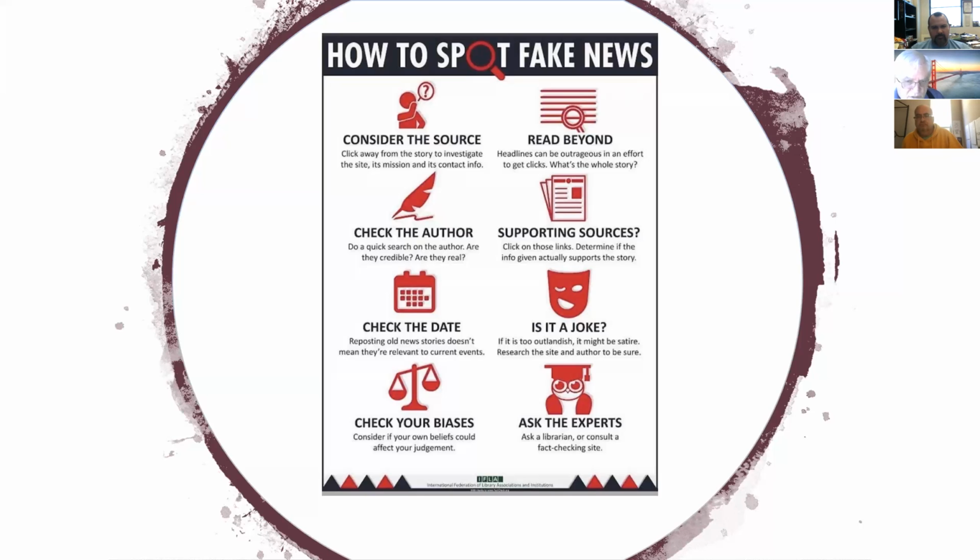They'll put out stuff as a joke, and then there's another guy on the internet that puts out a lot of joke. And then ask the experts. So you might ask your librarian, or if it's about coronavirus, you might ask Dr. Newman about that. I frequently do. So don't depend on any Tom, Dick, and Harry or any website that might be some fringe group telling you what the truth is.